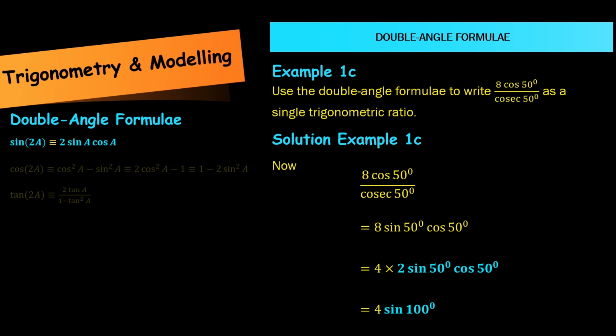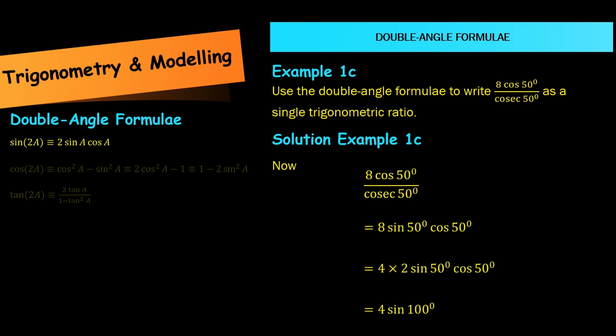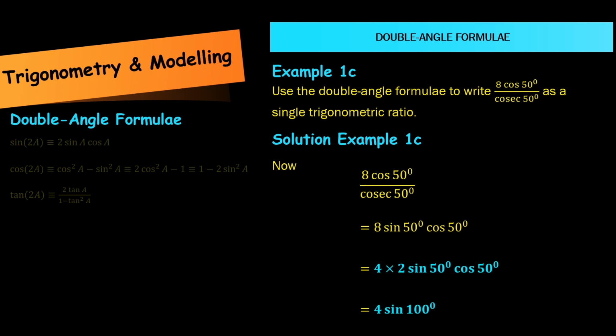This of course now allows us to use the formula for sin 2A, which is identical to 2 sin A cos A. Here we've replaced A by 50 degrees. So we have 2 sin 50 degrees cos 50 degrees equals sin 100 degrees. And therefore this expression equals 4 sin 100 degrees.